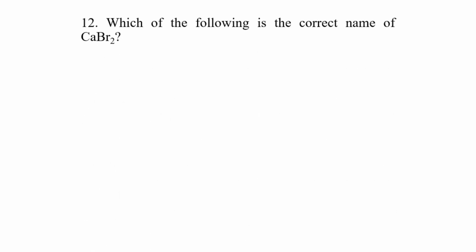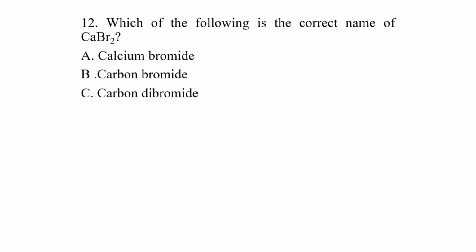Question number 12. Which of the following is the correct name of CaBr2? A. Calcium bromide, B. Carbon bromide, C. Carbon dibromide, D. Calcium 1 bromide.